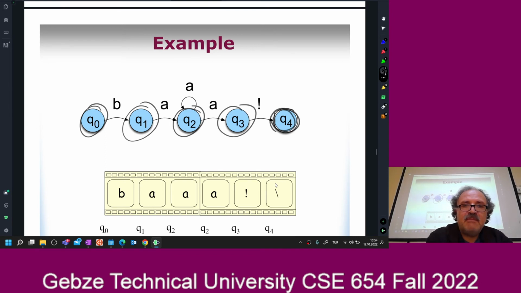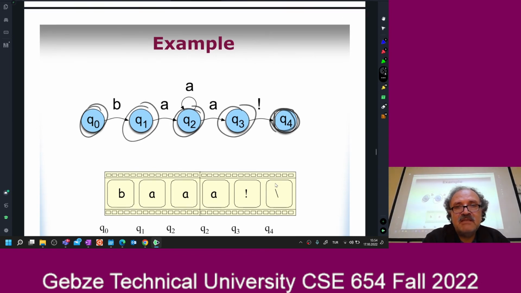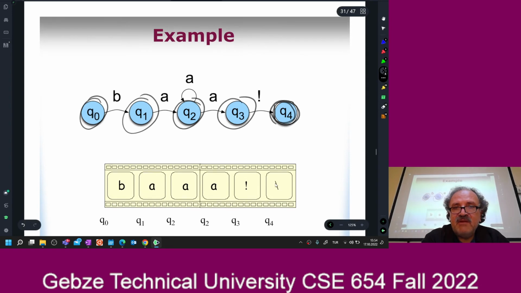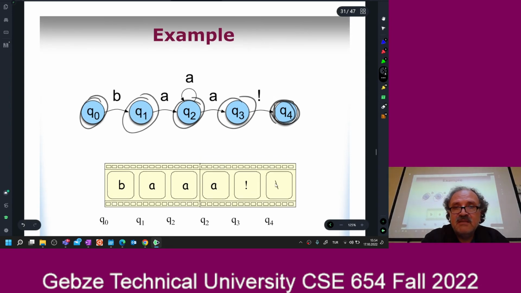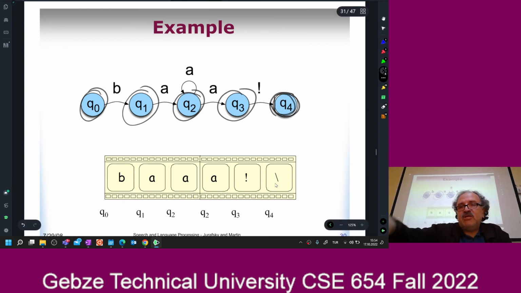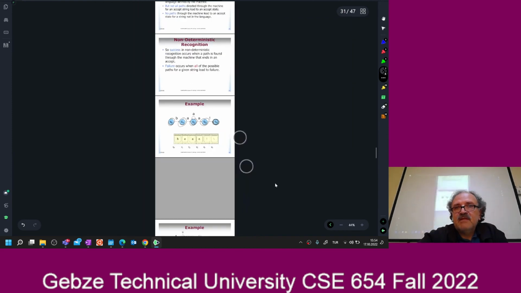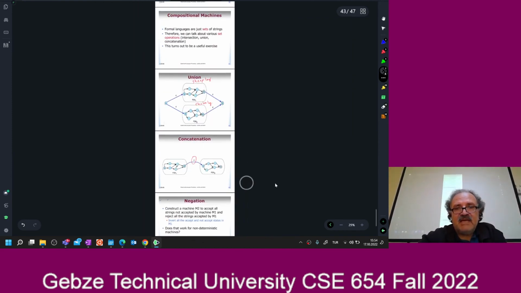This will take a B, a single B. It is accepted. And BA will be accepted. BAA will be accepted, but it should not be accepted by the original. And BAA exclamation mark will not be accepted because this is not a final state. That's the whole thing. That's the negation.